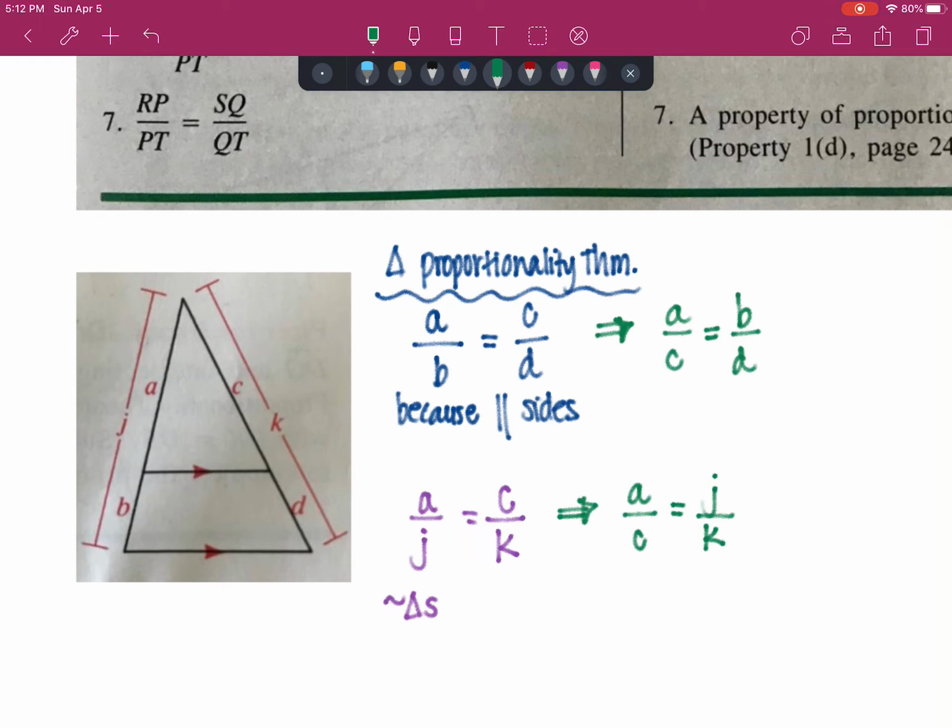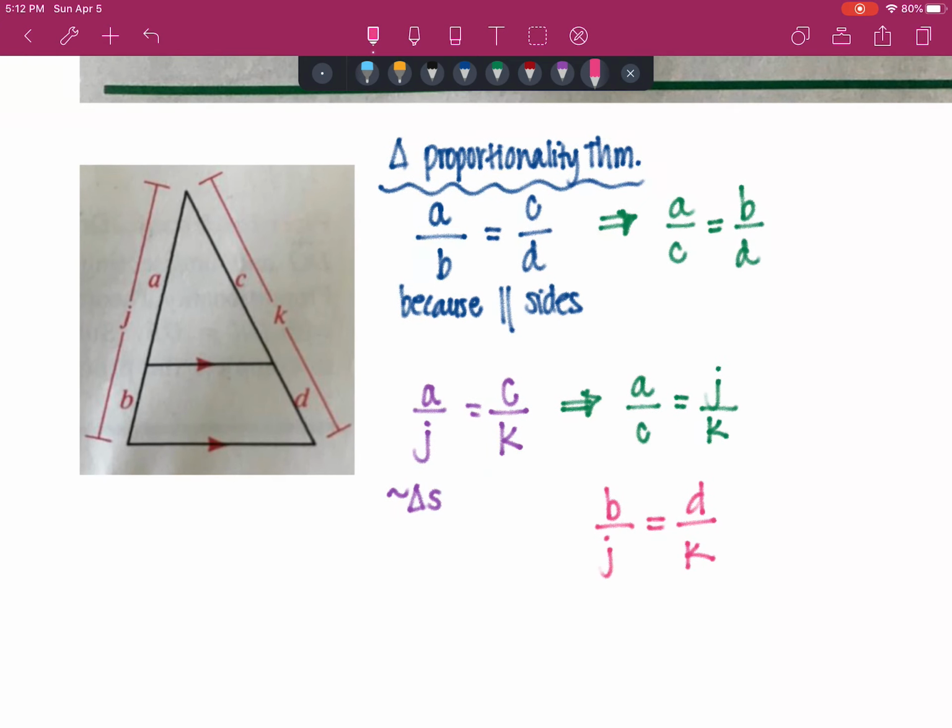We also know that B over J, here's another good one, see if you can figure out where these are coming from, B over J is going to equal D over K. And what else could B over D equal?